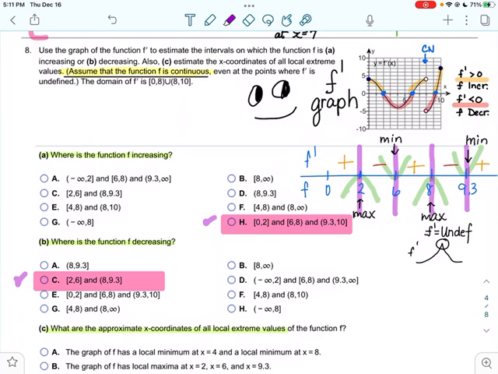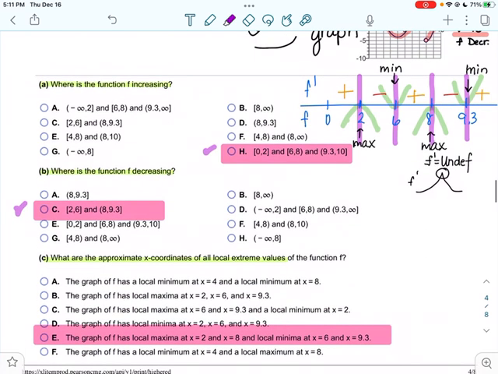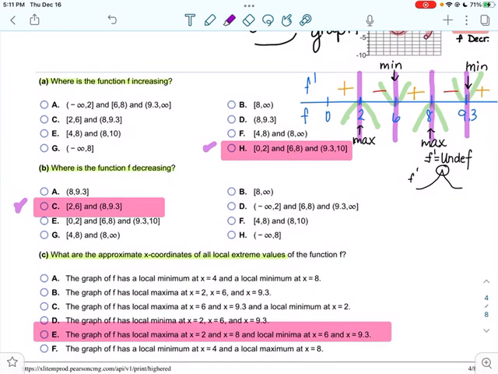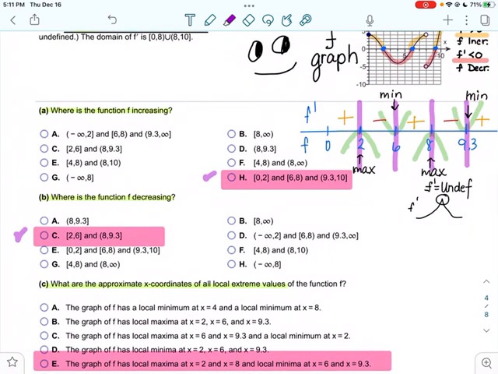Okay, and then I have, what are the appropriate x-coordinates for all local extrema of the function. So the graph has local maxima, so you can see where I'm pointing to, and I do the little whoop whoop thing there. At 2, we have a max, and at 8, we have a max, where the function is increasing, then it goes to decreasing, then the function goes to increasing, decreasing, and then increasing again.